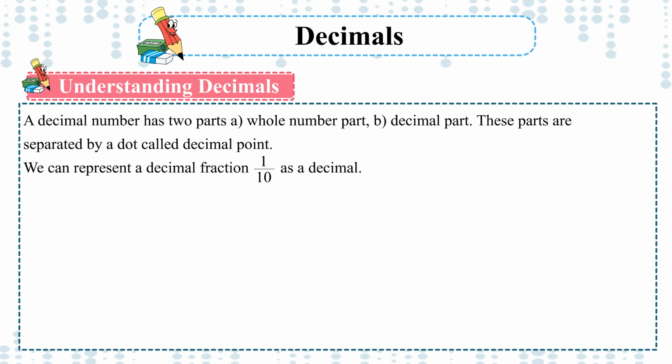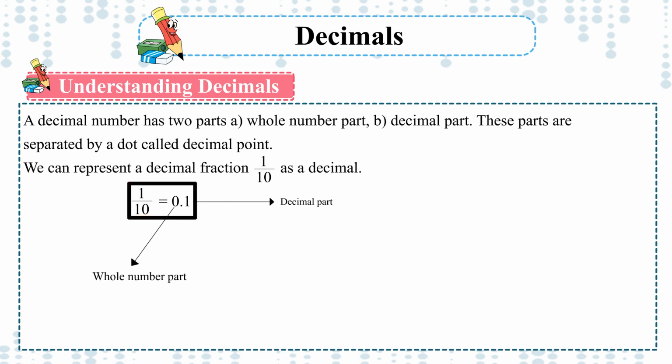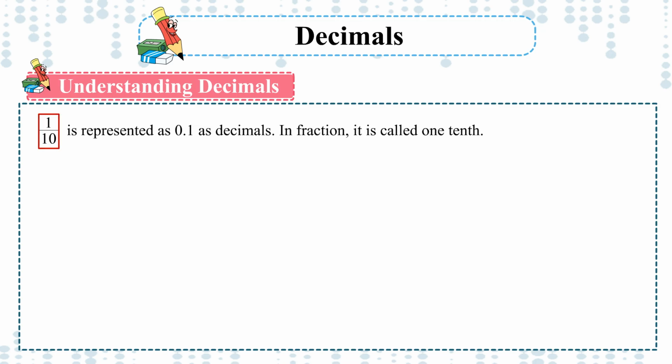We can represent a decimal fraction 1 upon 10 as a decimal. 1 upon 10 is equal to 0.1. Whole number part, decimal point, decimal part. 1 upon 10 is represented as 0.1 as decimals.